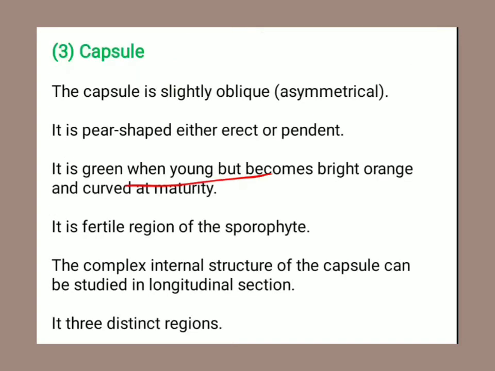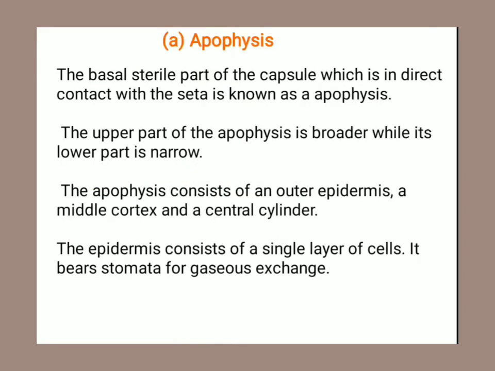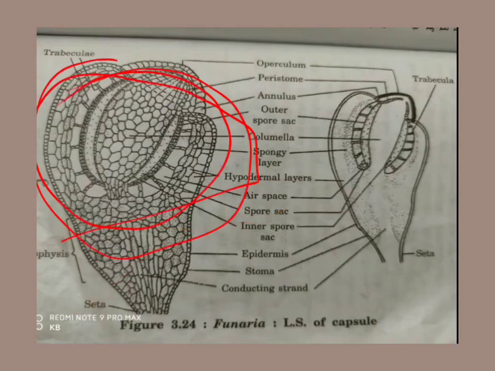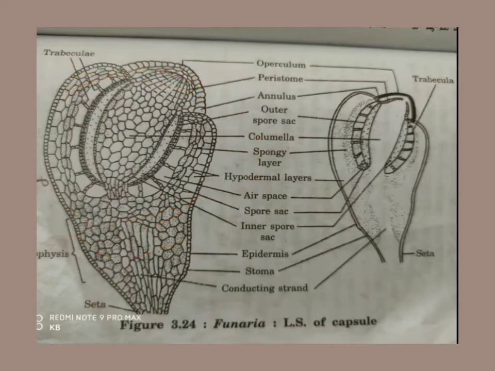The first is the apophysis, the basal sterile part of the capsule, which is in direct contact with the seta. It is known as the apophysis, the basal portion of the capsule, and it is directly connected with the seta. You can see this is the seta portion and the lower part of this capsule, and it is directly connected to the seta.